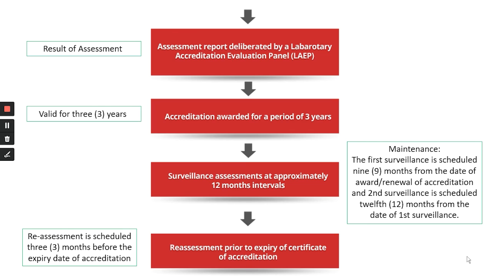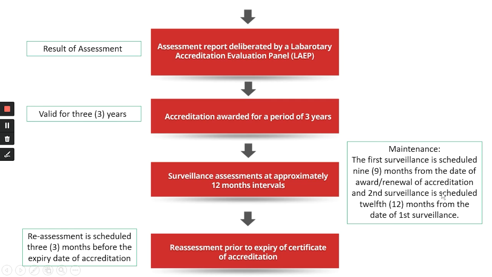In the UK, it will last for 4 years. However, during these 3 years, it is not just goyang kaki. We still have to do maintenance. The first surveillance is scheduled 9 months from the date of renewal of accreditation.